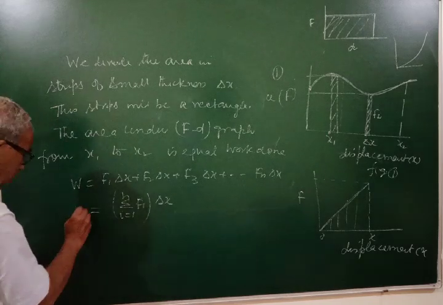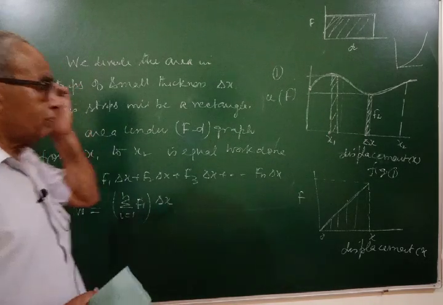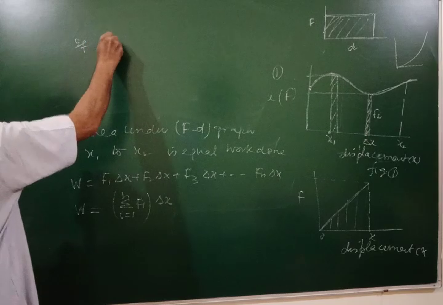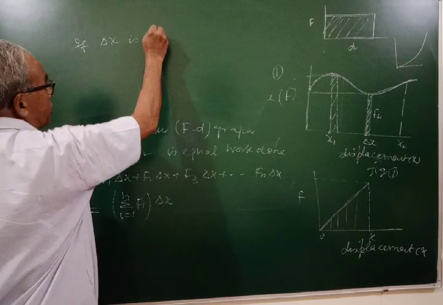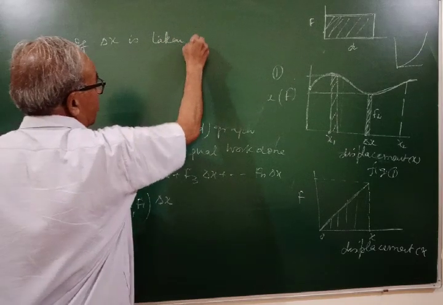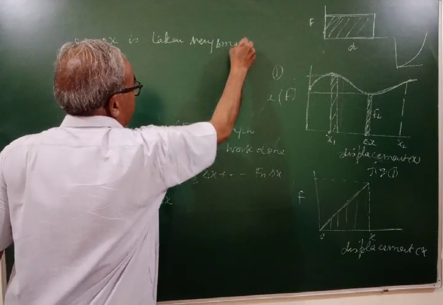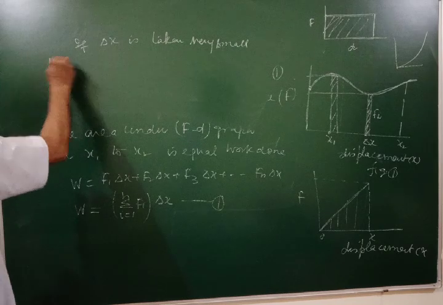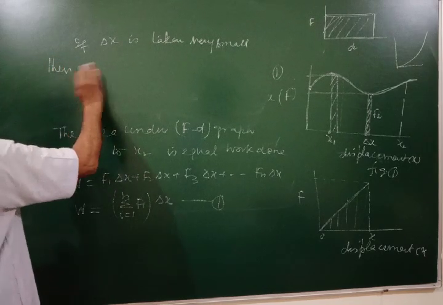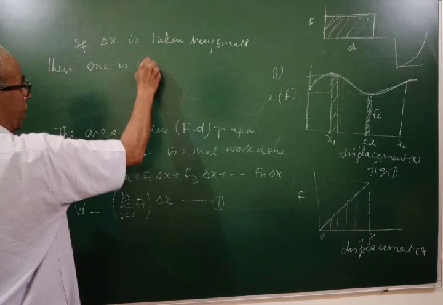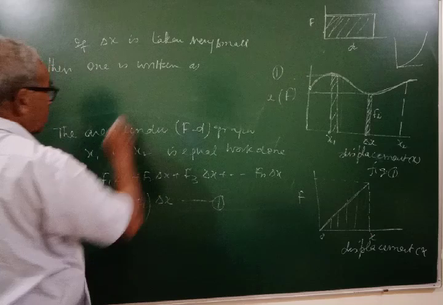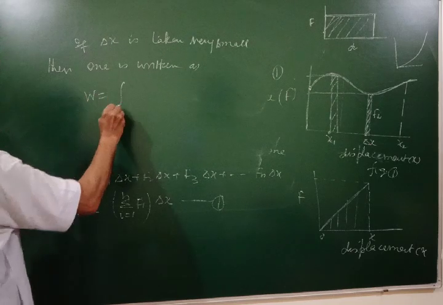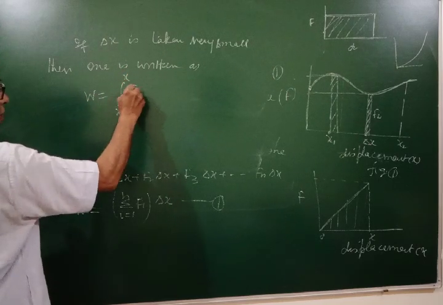Now this is the work done. If delta x is taken very small, then equation 1 is written as W is equal to the integration from x1 to x2 of F dx.